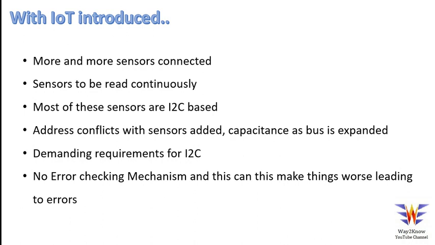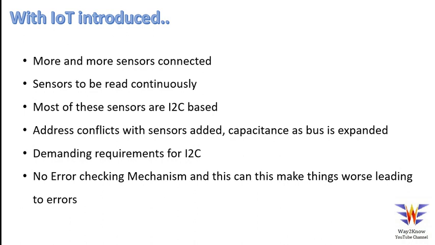And with more and more I2C devices being introduced, there are chances that the addresses might conflict, and also the capacitance of the bus might increase as the number of devices increases. So this is again a disadvantage as the number of slaves has increased.